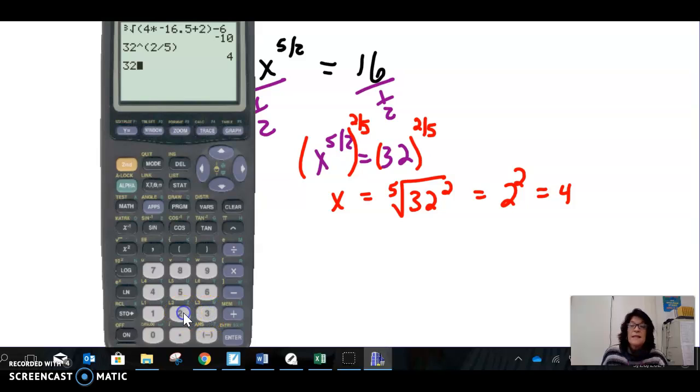Sometimes people mistakenly type 32 to the 2/5, and they think they wrote it correctly, but the calculator will take 32 squared, and whatever that is, they'll divide that by 5. So big difference, okay? The answer is 4. We want the calculator to take 32 to the 2/5 power, not 32 squared divided by 5.